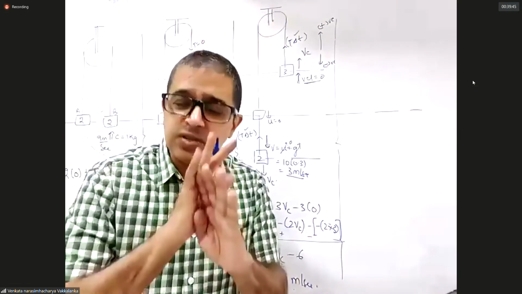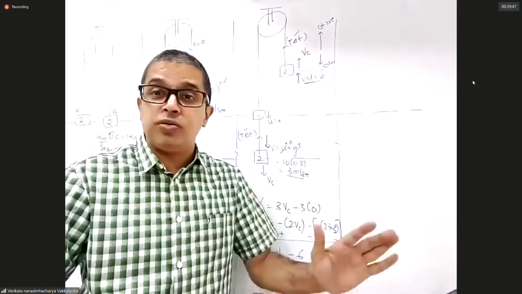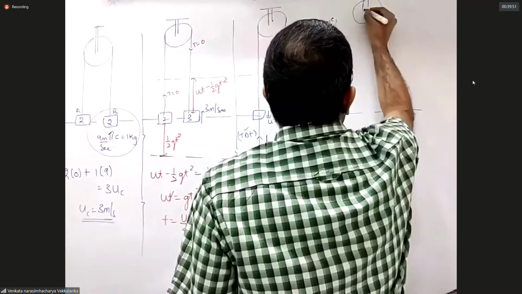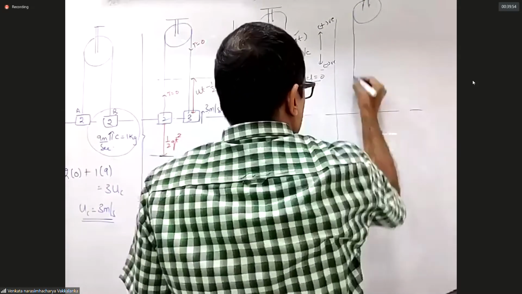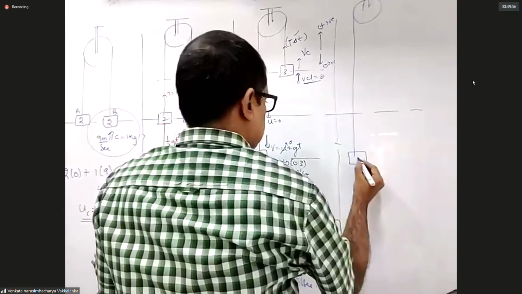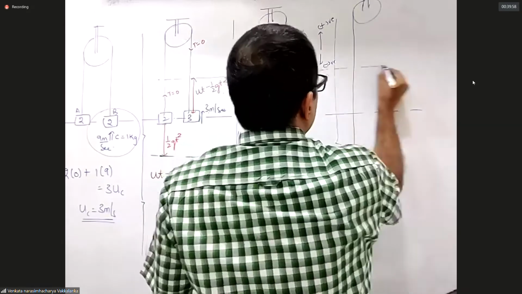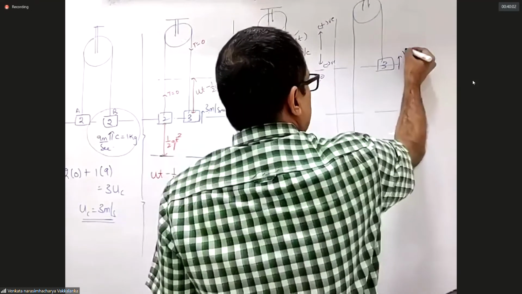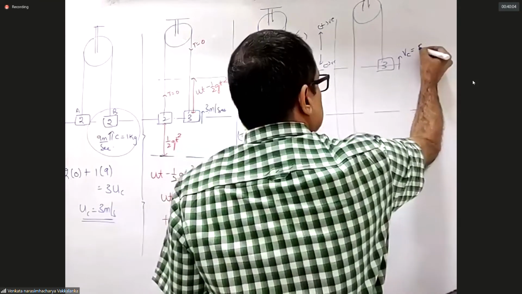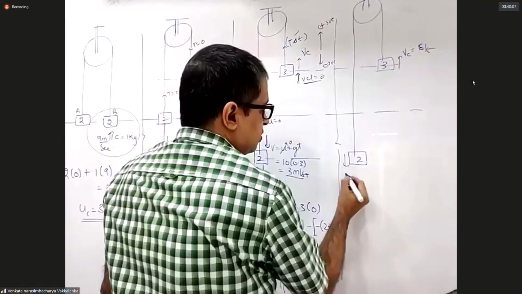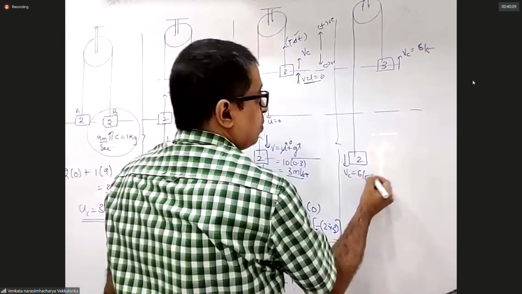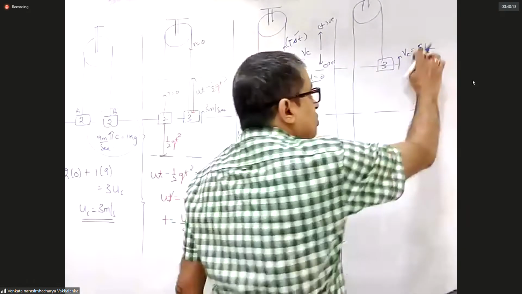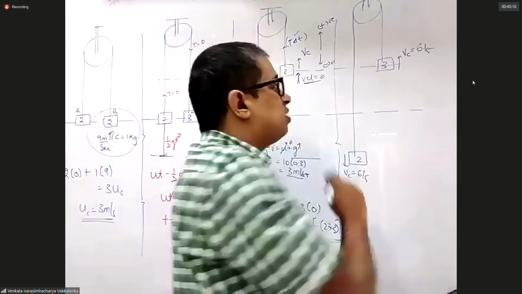Now look at the beauty in it. Now it is a simple pulley masses machine. This is 2 kg. This is 3 kg. This has a VC of 6 by 5. This has a VC of 6 by 5. But then this has velocity VC 6 by 5 because of the impulsive force.